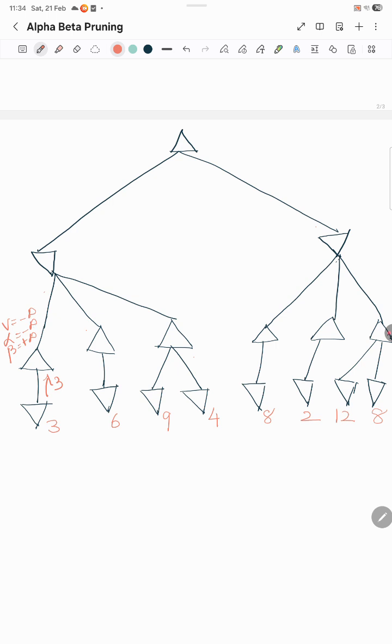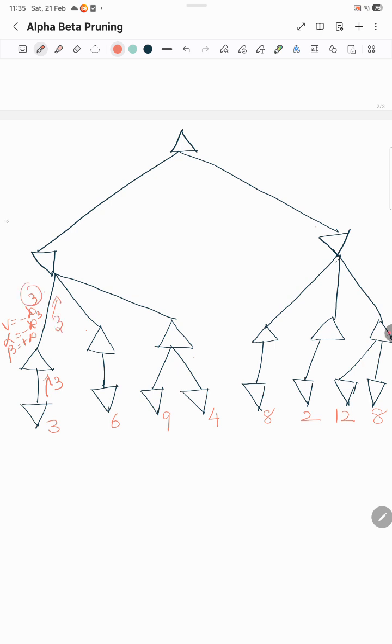Yes, so you can update, since v is lesser than the propagated value. This max node has only one child, so there is no need to go to any other children. So you propagate this v value to its parent.